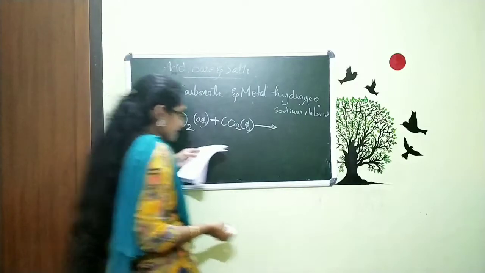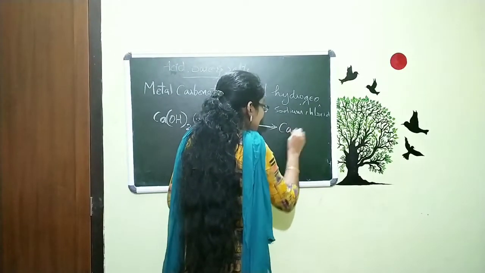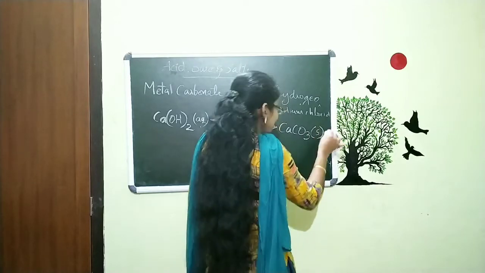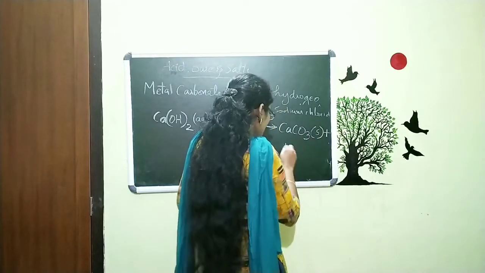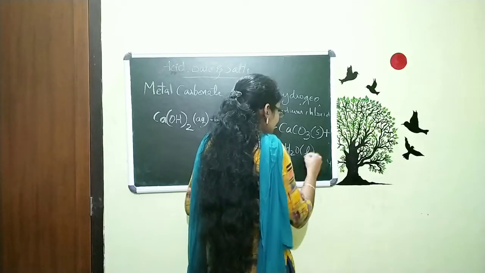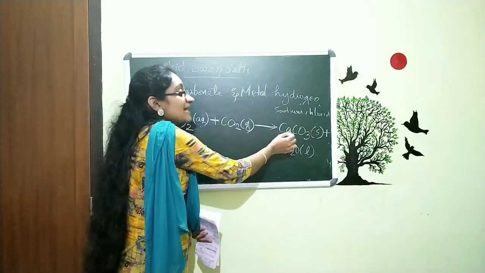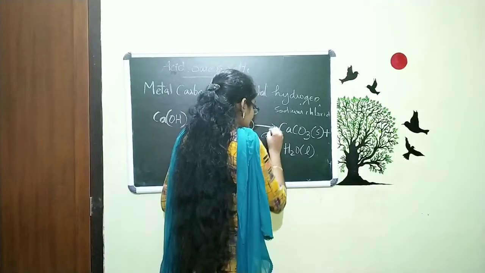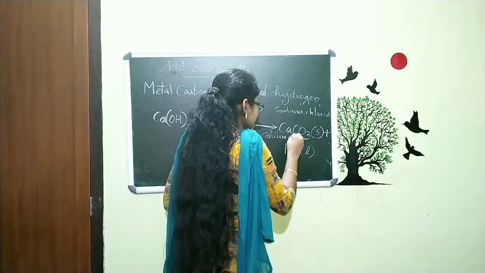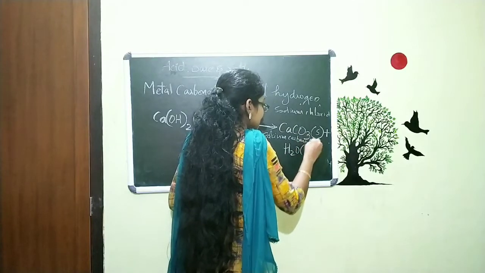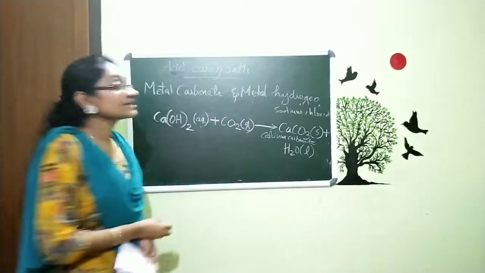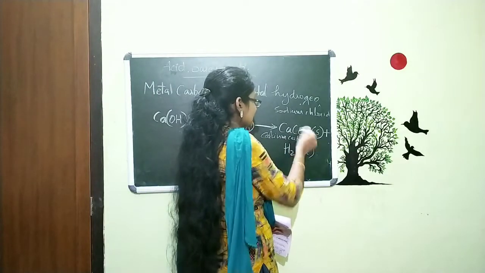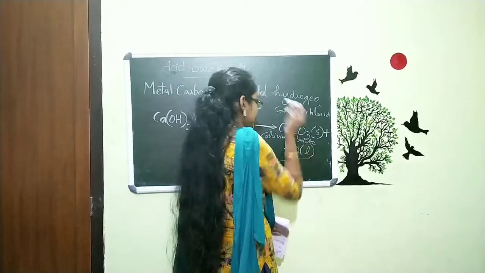We get CaCO3, in solid state, plus H2O in liquid state. CaCO3 means calcium carbonate. So here we form calcium carbonate and also water.